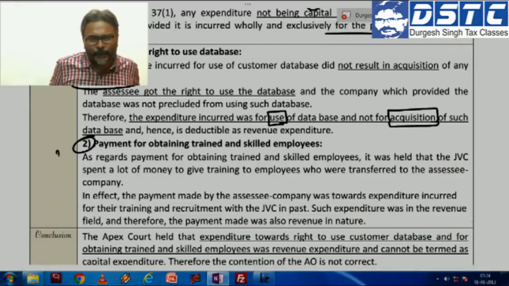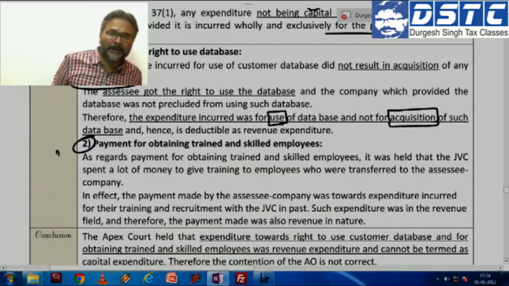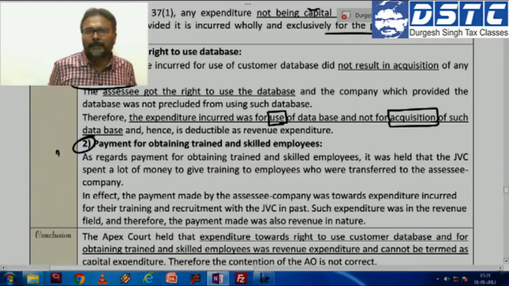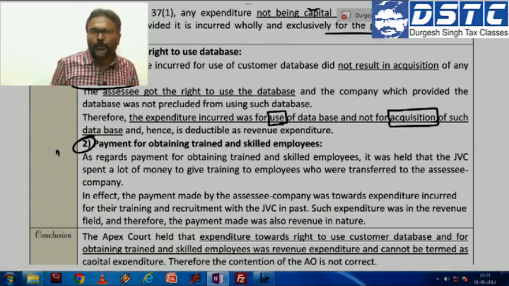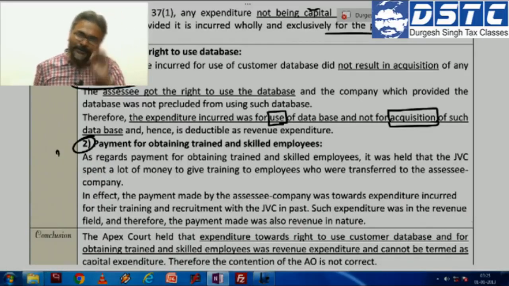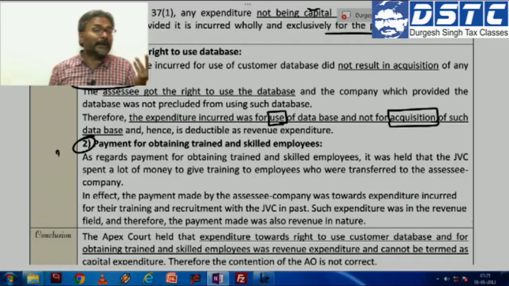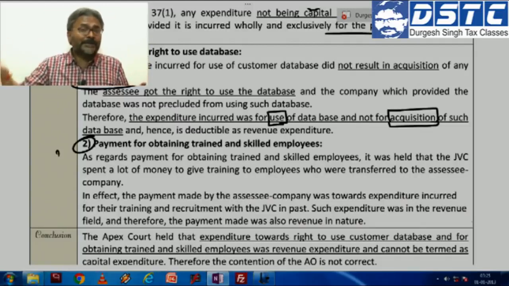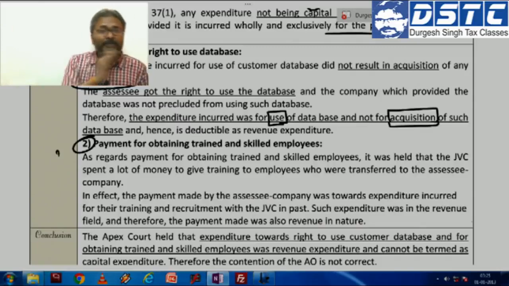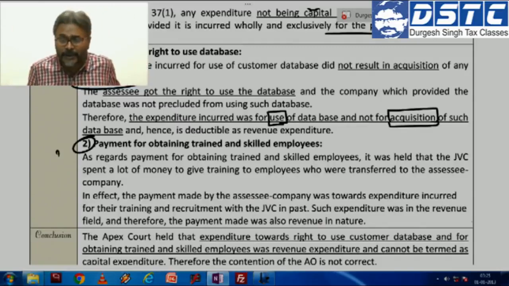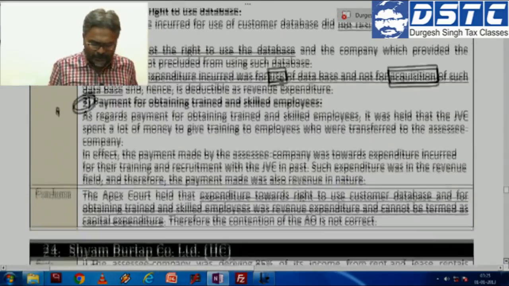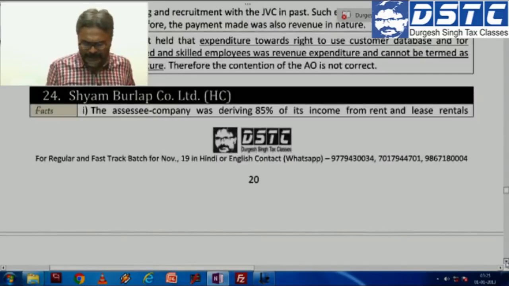So this was equated with what? Saving of training expenditure. To obtain a skilled employee, if you are making a payment to your JV partner, you are paying for its training expenditure, meaning thereby you have saved what? The training cost. So that is also one of the observations given in this case.